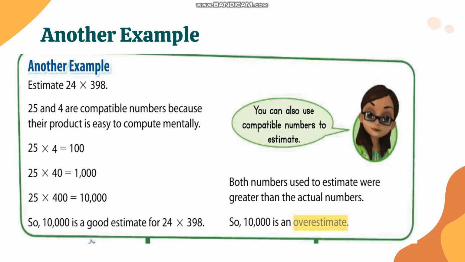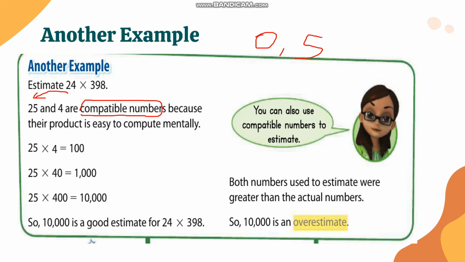Another example, you can estimate 24 multiplied by 398. Use compatible numbers, because their product is easy to compute mentally. So I will adjust the number 24 to make it 25. If you are using compatible numbers in estimating, it is much better that a number ends with 0 or 5 when you adjust it.